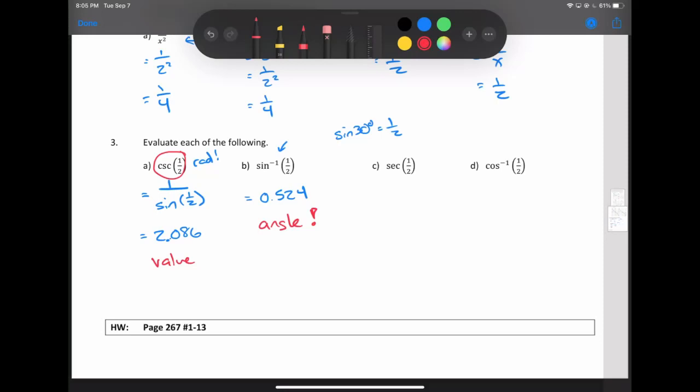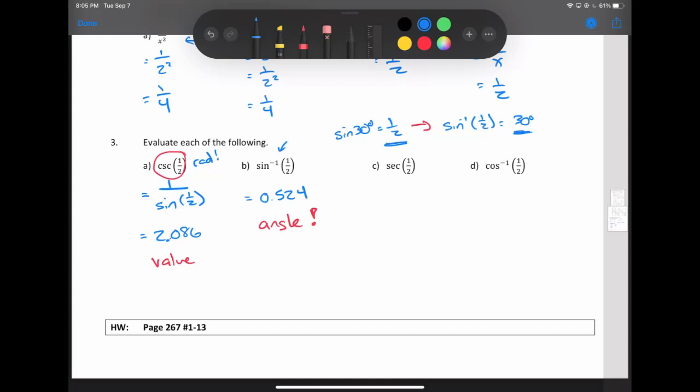That's basically rearranging this equation to get something like sine -1 of 1/2 equals 30 degrees. So when we have it in this form, it's a value. When we have it in this form, the answer is going to be an angle. That's a pretty drastically different thing. So this notation is very, very strange. It doesn't change the math. It's a weird notation.